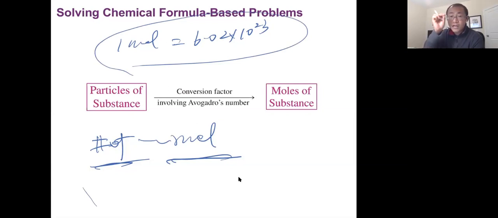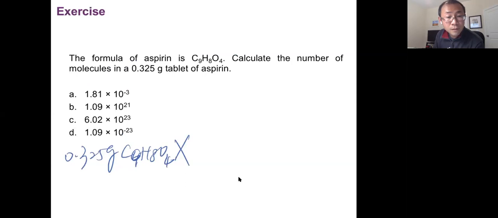So that means if I wanted to know the number, I need to know what? Moles. Do I know moles yet? No, I only know grams. The question only gave me grams. So I still need to change grams to moles because I want to know moles in order to know numbers.